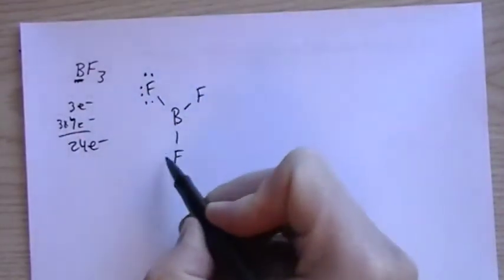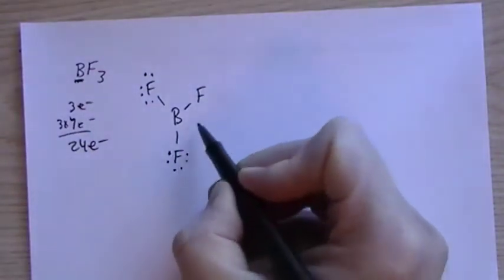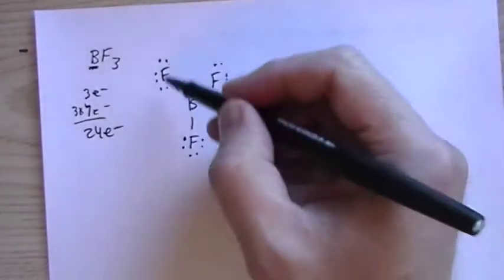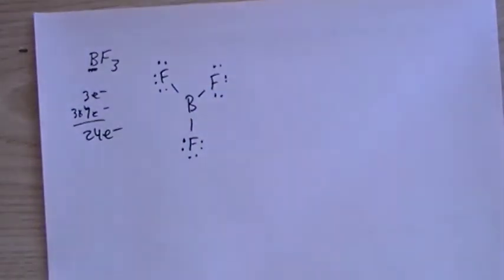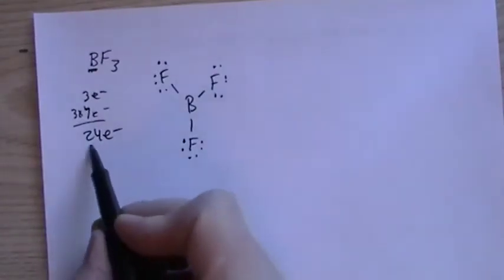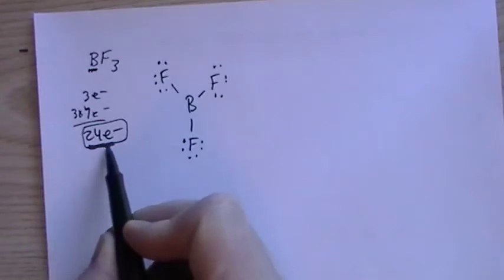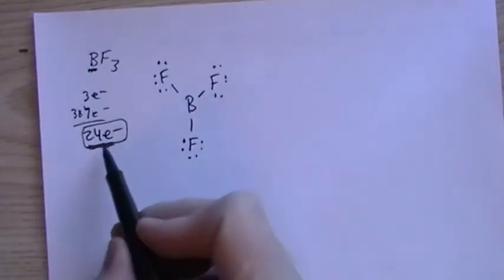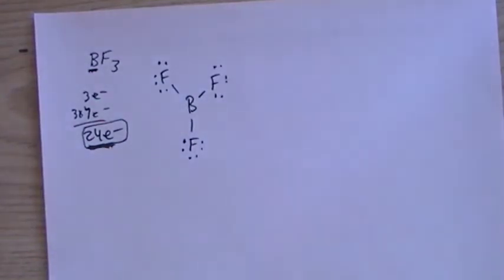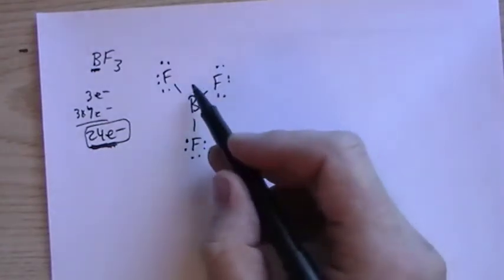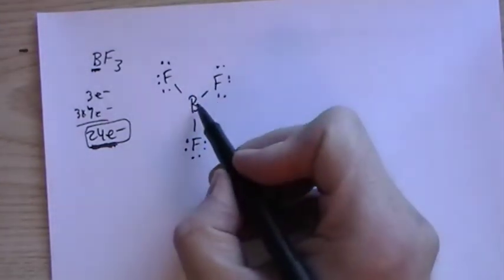Complete the octet on the outer atoms, and that's all 24: 8, 16, 24. You should get used to seeing the multiples of 8 for these electrons. It won't always happen, but when you see that, usually it means that the outer atoms get all their electrons, and then there's none left for the central atom.